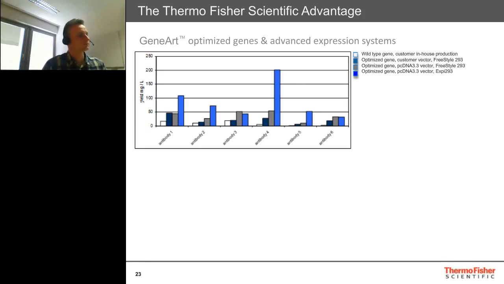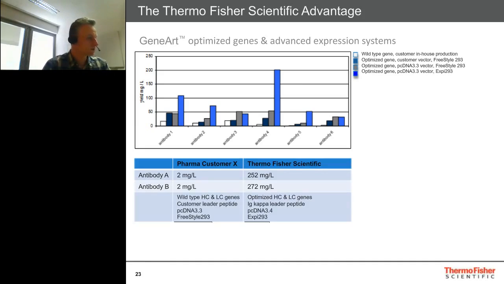And you can see that really the combination of optimized genes and expression systems makes a large difference. Another example is from another pharma customer. They wanted 2 antibodies to be produced, and they wanted 250 milligram of the antibodies, and in-house they had 2 milligram per liter, and they used wild type heavy and light chains for the antibody, and another leader peptide in the freestyle system.